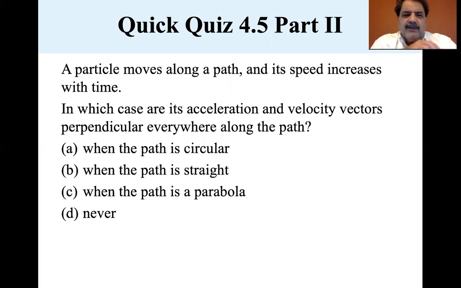When we looked at a parabola, only the horizontal component was constant. It wasn't increasing. So in this case, the acceleration and velocity vectors are never perpendicular. And that ends this section.